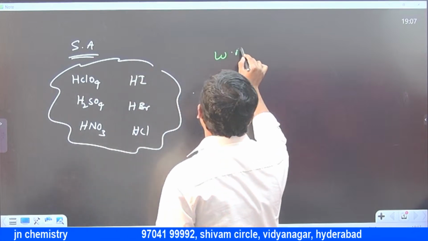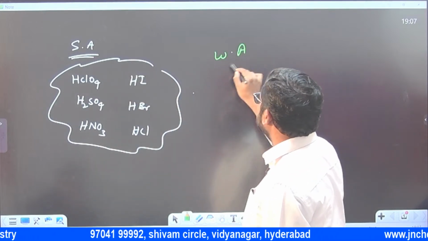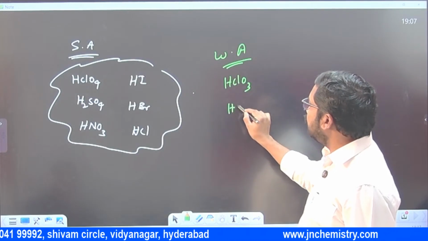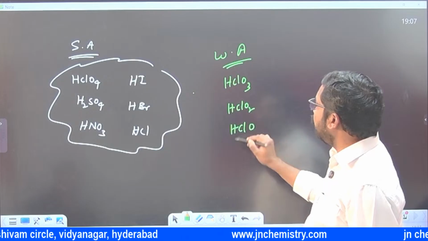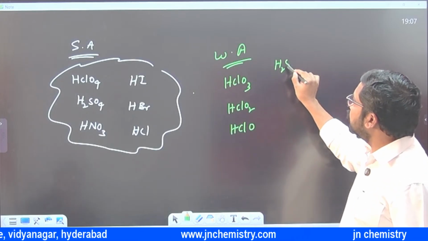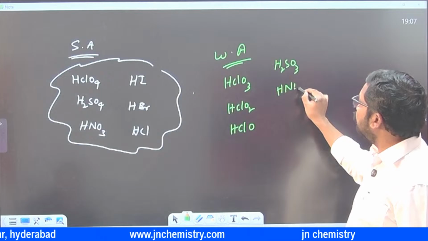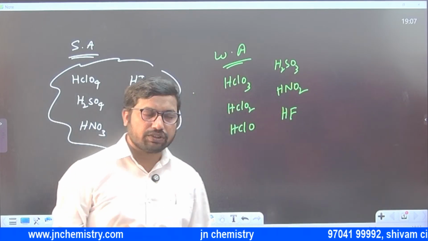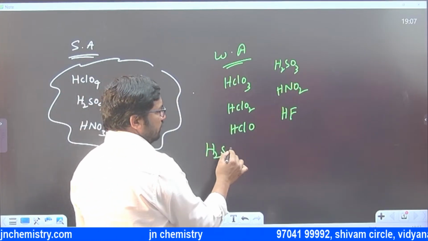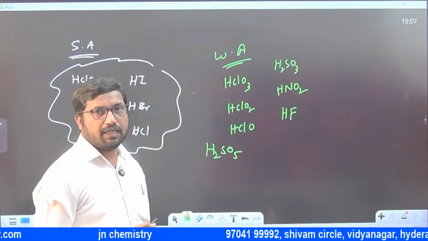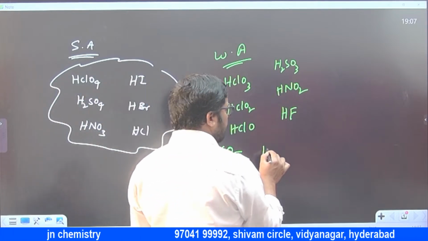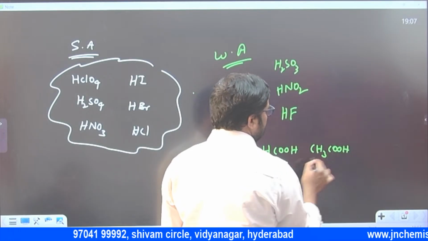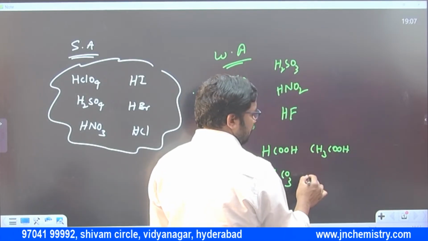Weak acids: HClO3, HClO2, HClO, H2SO3, HNO2, HF, H2SO5, all organic acids like formic acid, acetic acid, H2CO3 and benzoic acid.